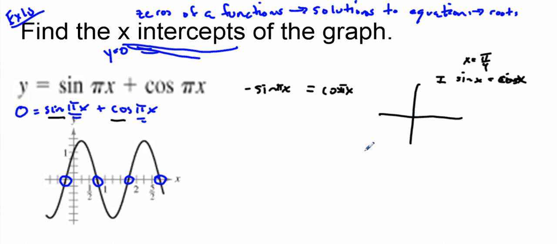Over here in the third quadrant, x is negative and y is negative, so sine of x is also going to equal cosine of x.